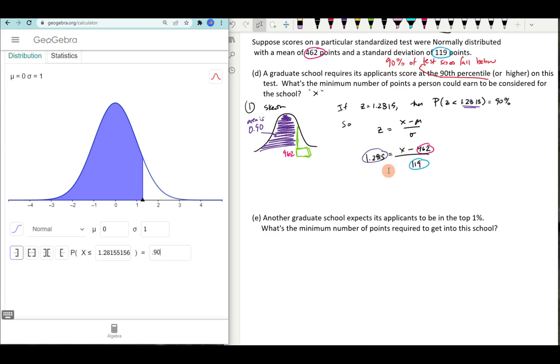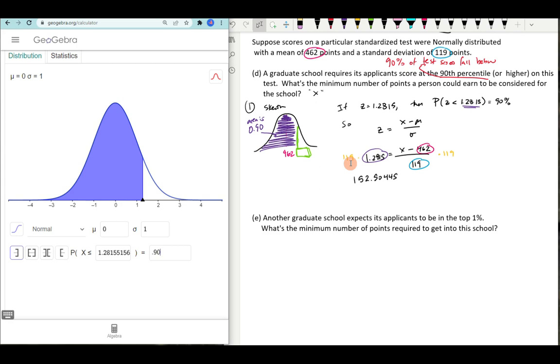So to start solving this equation for x, I should begin by multiplying both sides by 119 to get rid of the fraction. So multiplying both sides by 119 gives me, on the right side, 1.2815 times 119. That ends up giving me 152.50445.